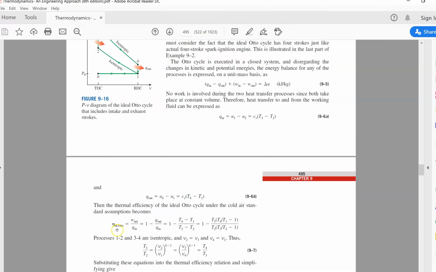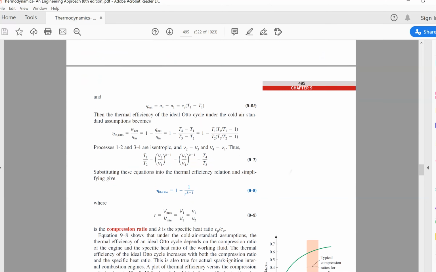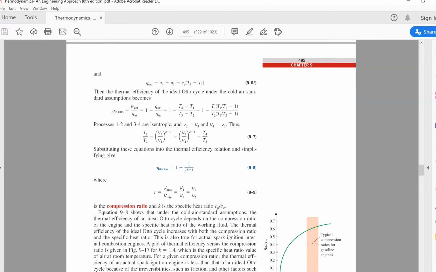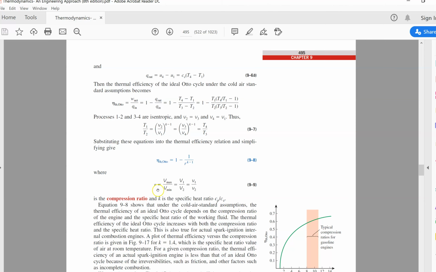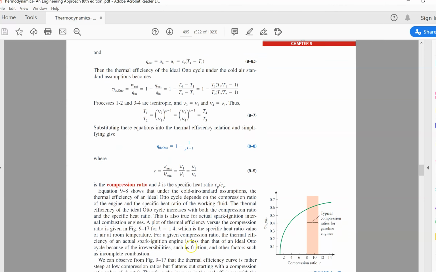And what is the efficiency of the Otto cycle? W net divided by Q in. Or in simpler words, you can take 1 minus (T4 minus T1) over (T3 minus T2). These are favorite questions that they usually will ask you. And this is the compression ratio, V max over V min, commonly 1.4 for a petrol engine.